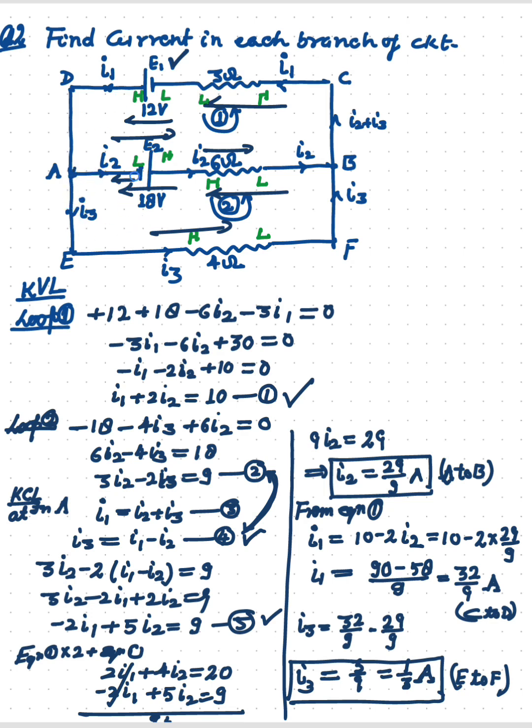But while solving, the value of I2 you will get is negative. So whatever consideration you take, no problem, in the result you will get the correct result. Okay, now let's solve one more problem.